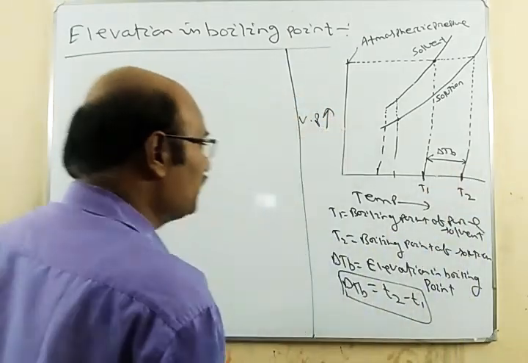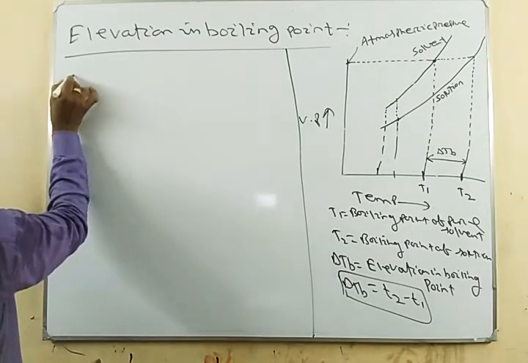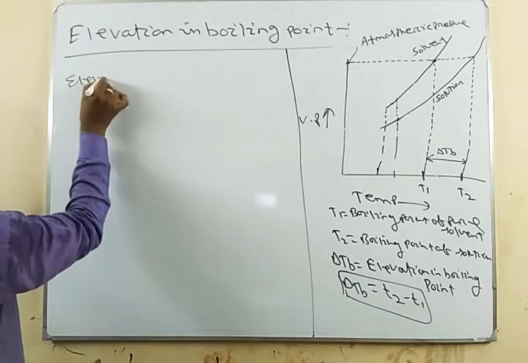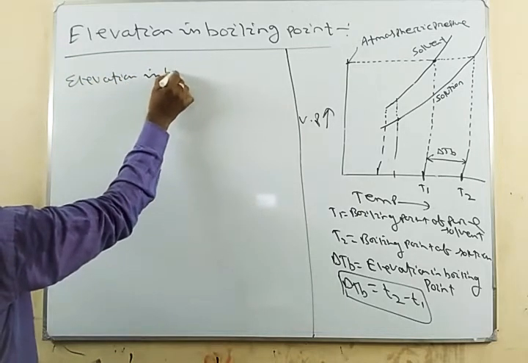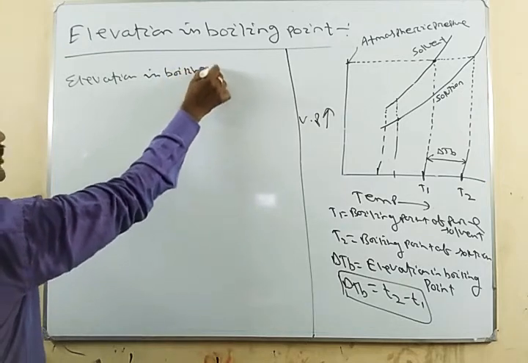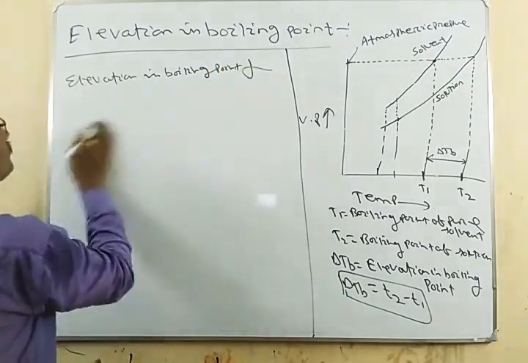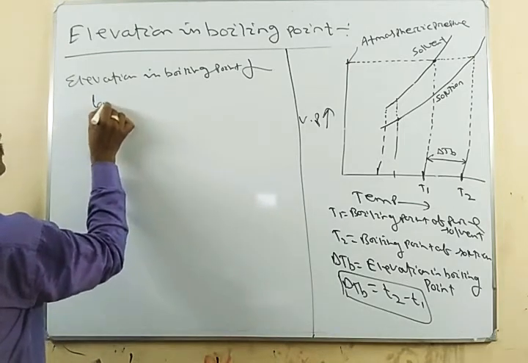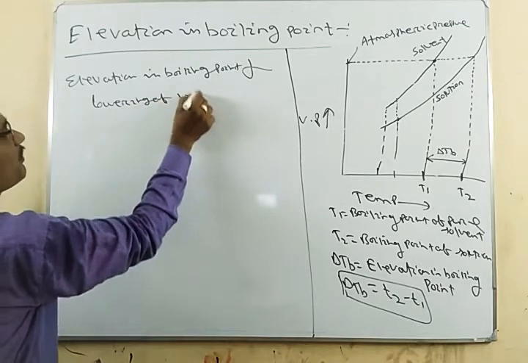So what you can say, the elevation in boiling point is proportional to the lowering of vapor pressure.